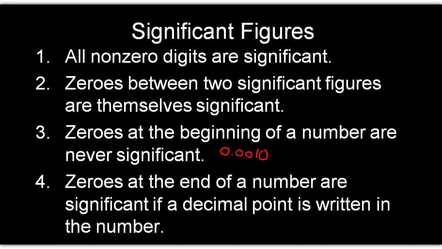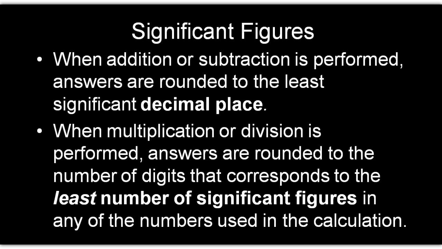So a slight difference there. When you're adding or subtracting, you're looking at decimal places within your calculations, and the one with the least number of decimals determines the significance. If you're multiplying, whichever one has the least number of sig figs determines what I report in the answer.